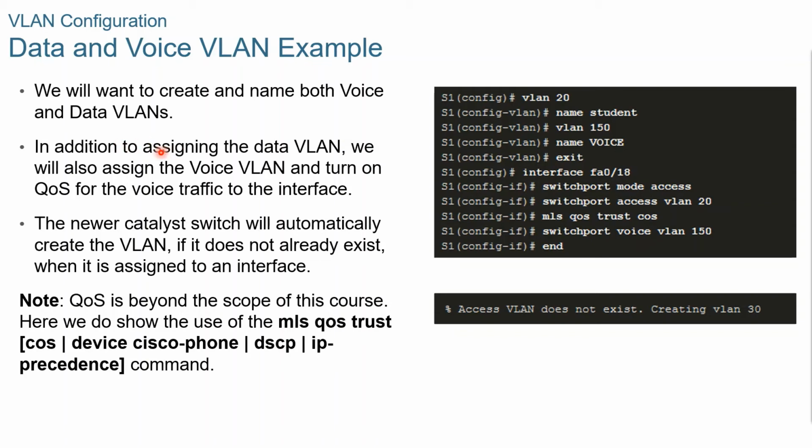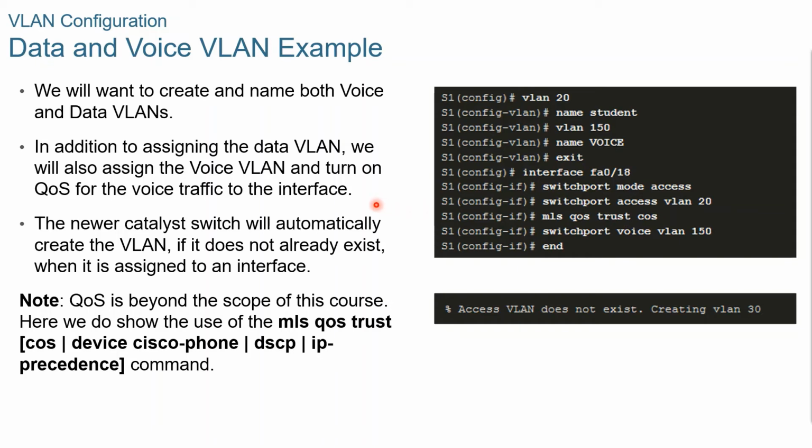So we use the command mls qos trust cos. This configuration command sets the trusted state of an interface and indicates which fields of the packet are used to classify traffic.